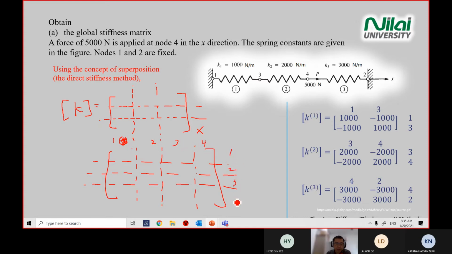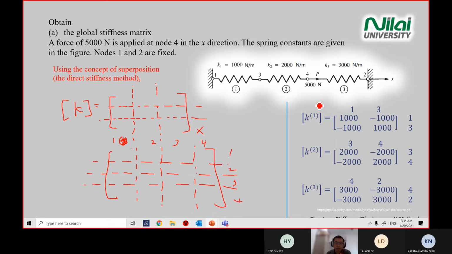You can put the number either on the right hand side or left hand side, it doesn't matter. 1 on the top means this column, 2 means this column, 3 this column, 4 this column, and 1 means the first row, 2 is the second row, 3, 4, and so on. So again, 3 times 3 is a wrong approach.